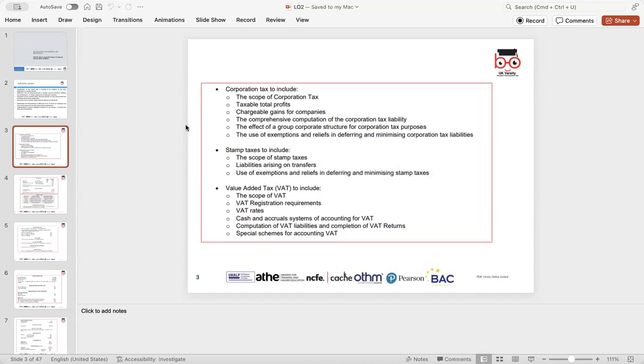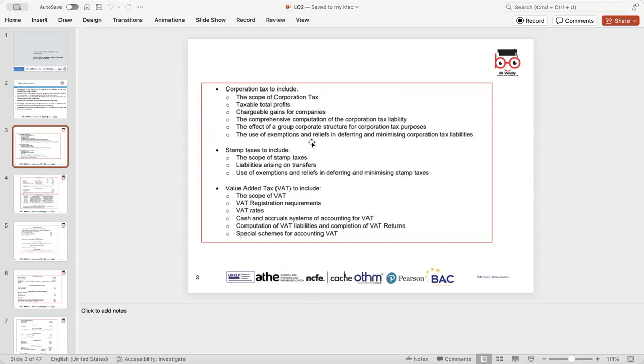First one is corporation tax, and stamp taxes and value-added taxes. In corporation tax, obviously, we cover the scope of corporation tax, taxable total profit, chargeable gains of companies, the effect of group corporation structure for corporation tax procedure, and use of exemptions and reliefs.